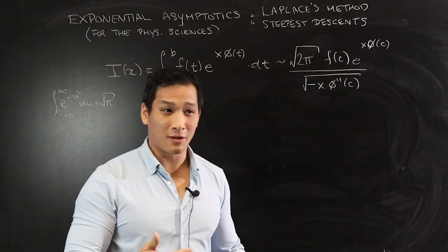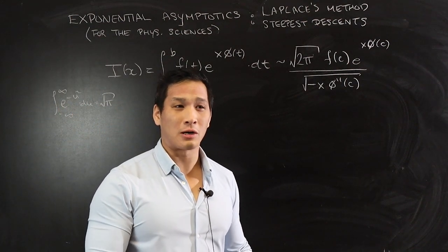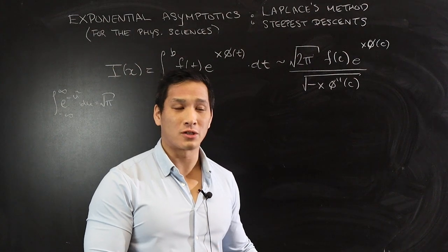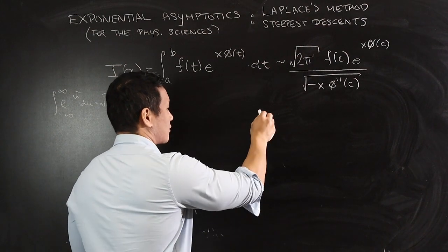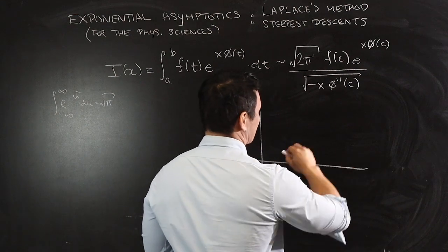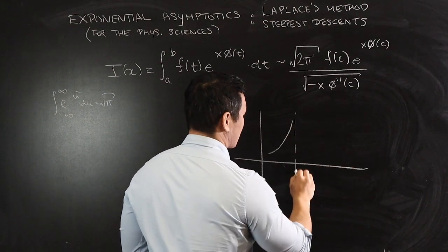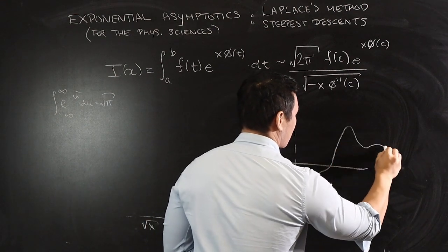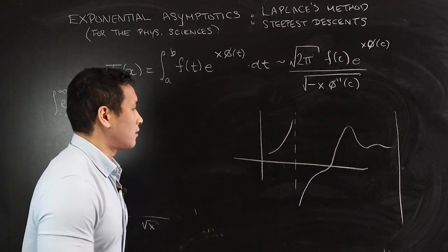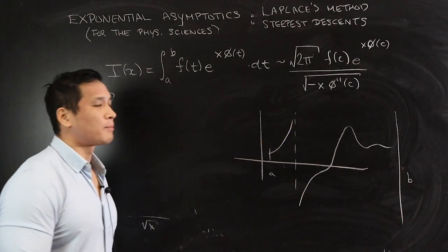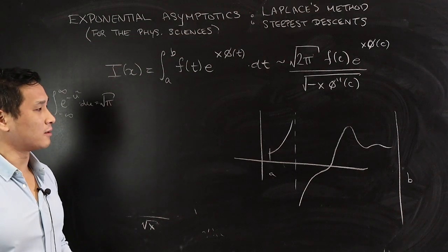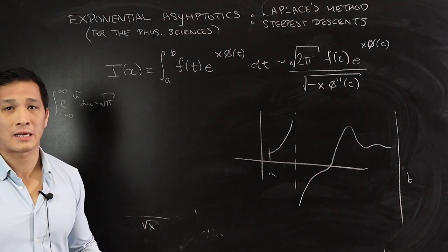But in your own research or in your own problems, you might have phi which is discontinuous at points within the interval, right? So your phi maybe doesn't look as nice as that. Maybe you're integrating from an A to a point B. But the underlying philosophy in these integral approximations remains exactly the same.